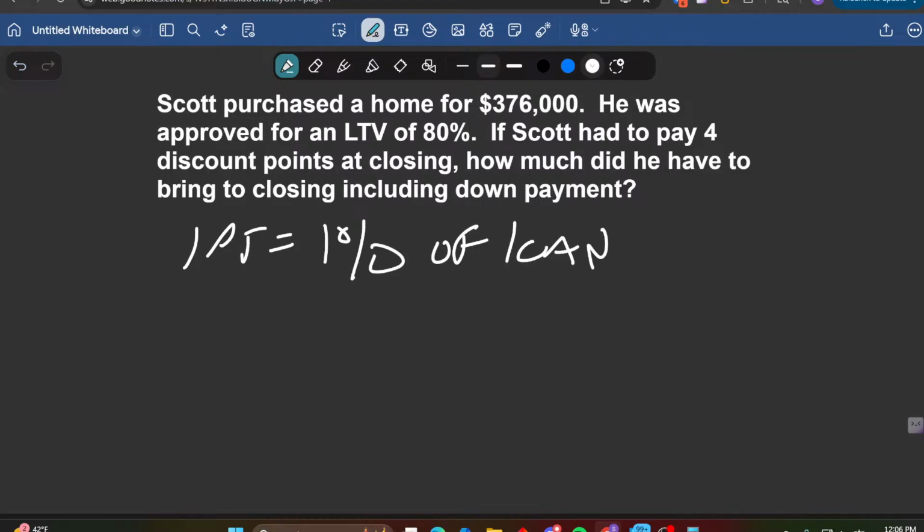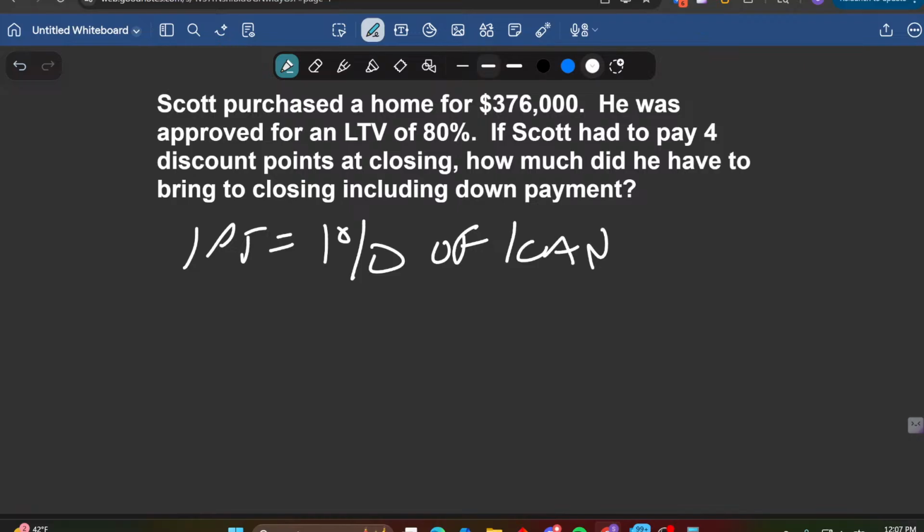So now the situation is this. Do we know how much the loan is? We don't. When it comes to the loan amount, we have to figure that out.